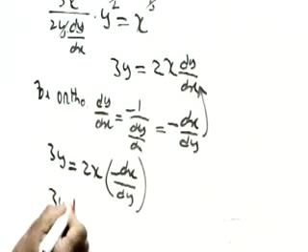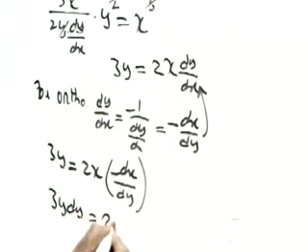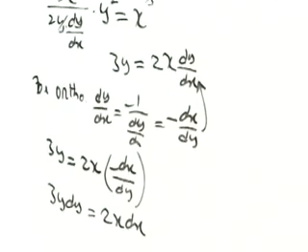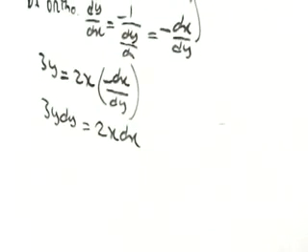Now bring this dy here, it will be 3y dy equals 2x dx. Now we got the y variable separate and the x variable separate, so no need to change any method. Let me integrate both sides.